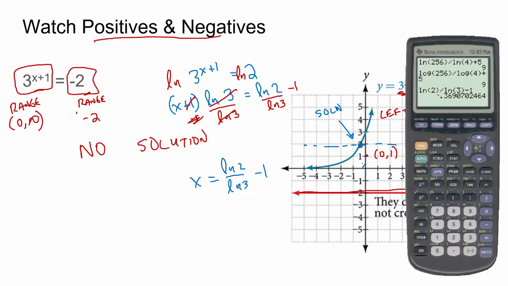X equals 0 will be the y-axis here. And this point where we are is a little bit to the left of that. All right, I didn't draw it very well, but you get the idea, right? That x value right there is the point that we're looking for. So you could find that. But 3 raised to the x plus 1 equals negative 2, those never meet. You're not going to have a solution. Can't solve it. There's no answer.